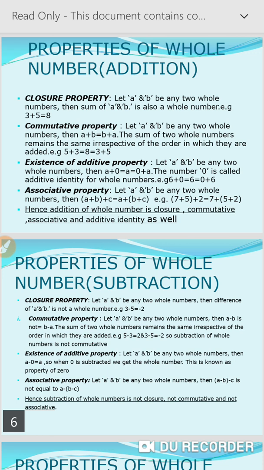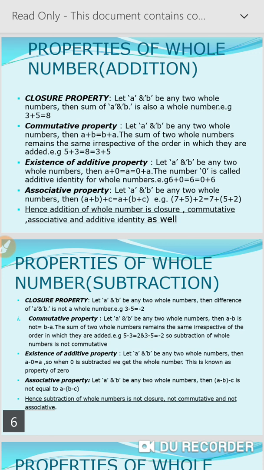I grouped 7 plus 5, then 2 is added to it, equal to 7 plus 5 plus 2 where I grouped 5 plus 2. 7 plus 5 is 12, 12 plus 2 is 14. 5 plus 2 is 7, 7 plus 7 is 14. The answer will remain the same. That means addition of whole numbers is closure, commutative, existence of additive identity and associative.